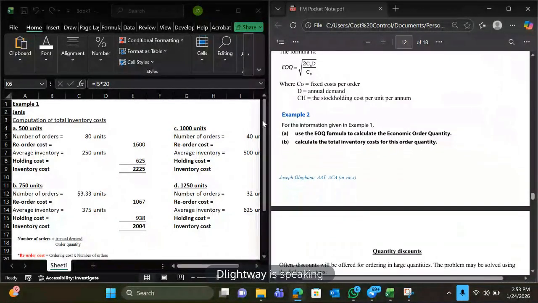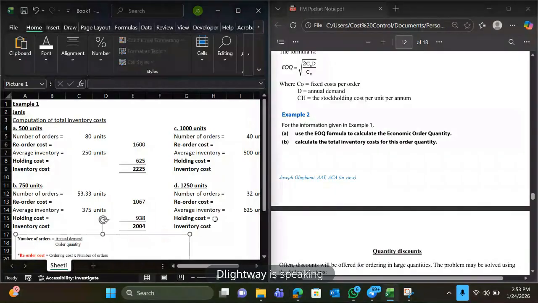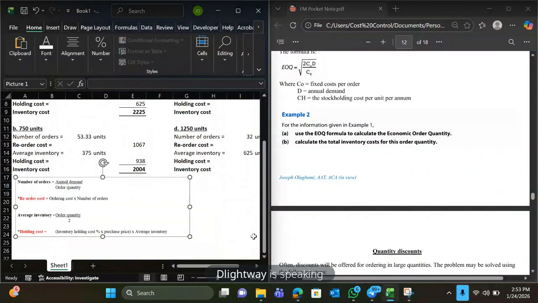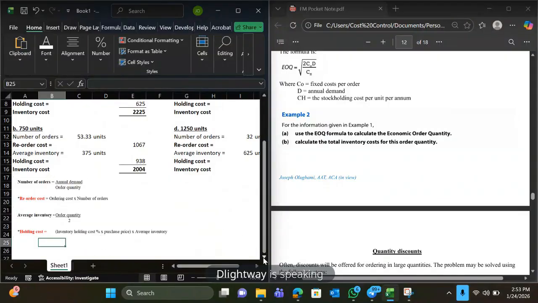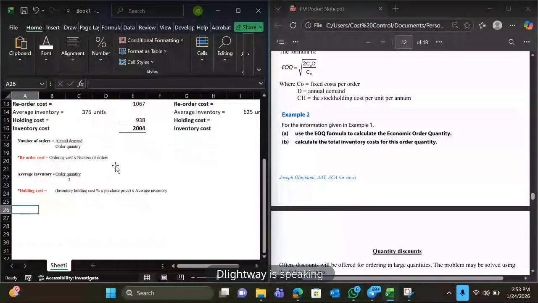Now we're told, for the information given in example 1, to use the EOQ formula to calculate the economic order quantity, and B, calculate the total inventory cost for this order quantity. So we'll do that now, using the same example we've treated. What's our formula?